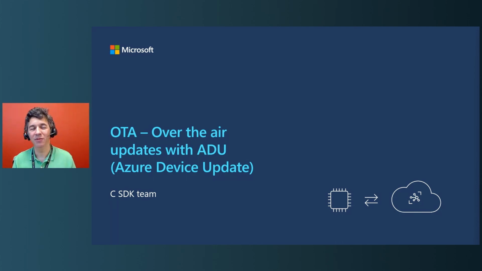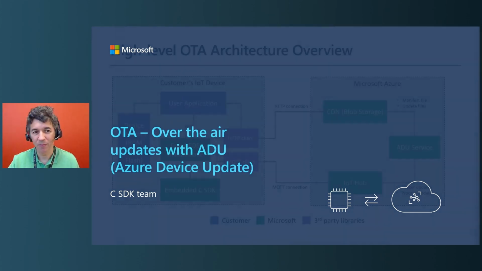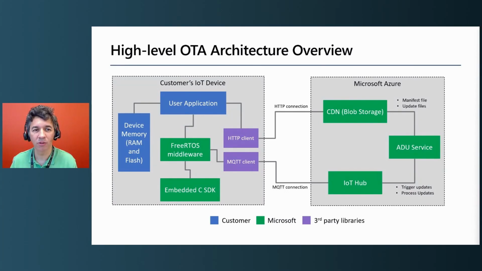Awesome. Today, we'll be talking to you about how to do over-the-air updates using the Azure Device Update. And for that, I have a diagram that explains in more detail how this process will happen. Here we're showing two things. First is an IoT device, and on the other side we have everything that's inside Microsoft Azure.